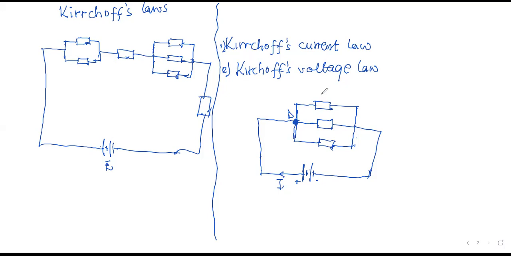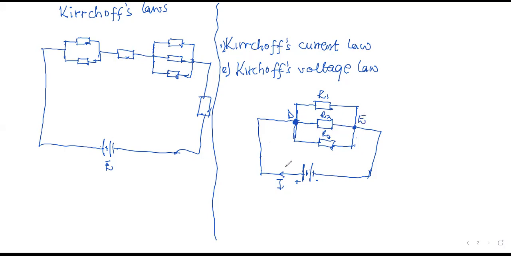A junction is a point where more than two wires interconnect. So there is another junction here because we have 1, 2, 3, 4 wires. So we have junction D and E.